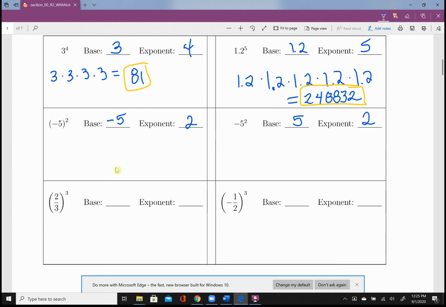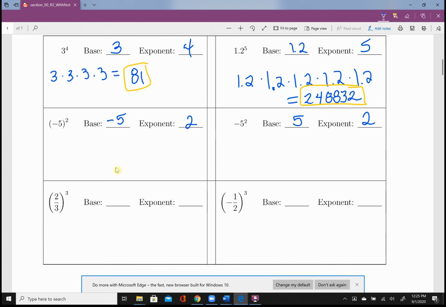Because when there's a negative sign in front of your exponential expression, with the absence of parentheses, that means that negative sign is acting like a factor of -1 in front of the 5 squared, whereas here the negative sign is part of the base itself as being indicated by the presence of the parentheses.